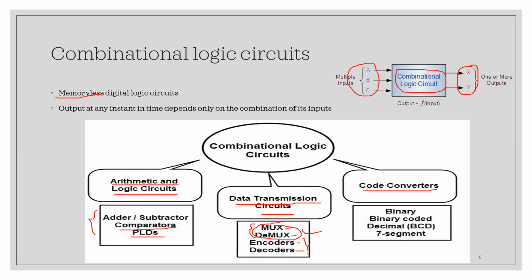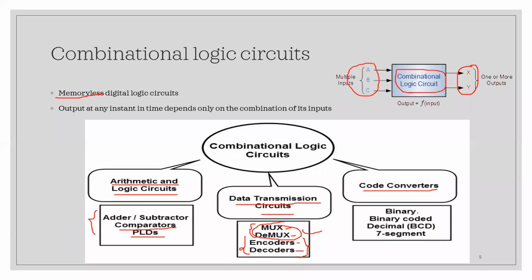Encoding, decoding: if you check out the encoders, you have different types of encoders. There are non-priority and priority encoders. These are the two things you have. Apart from that, we have code converters. I think you have already seen these things.